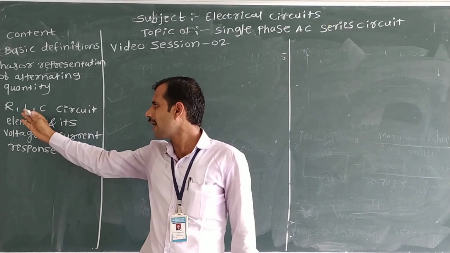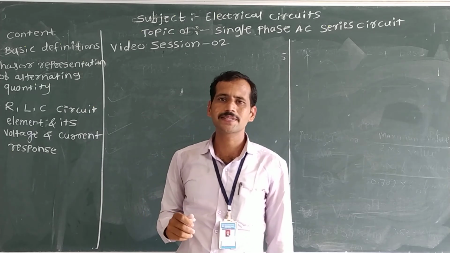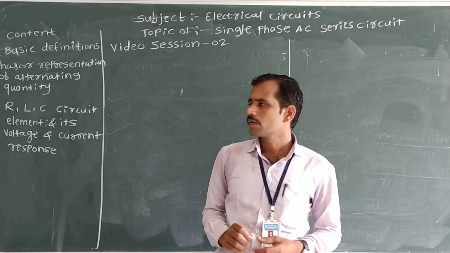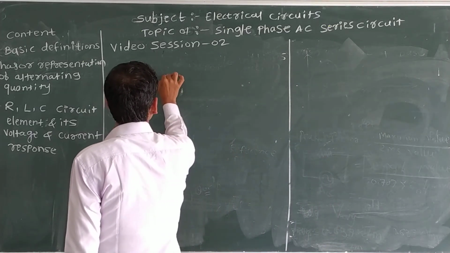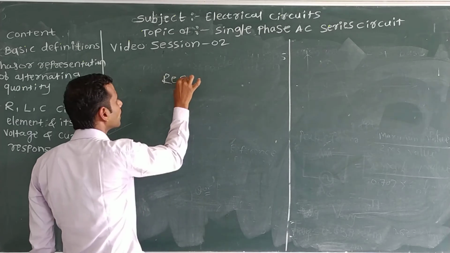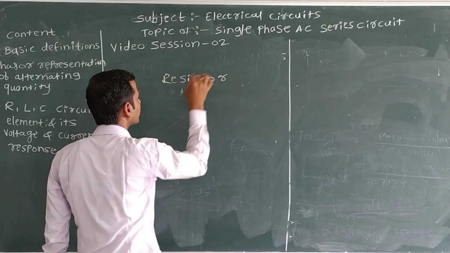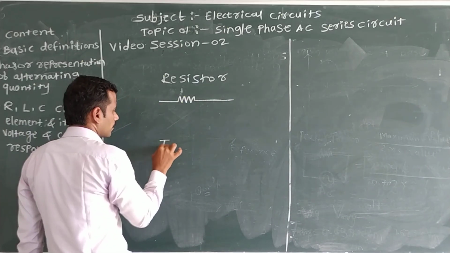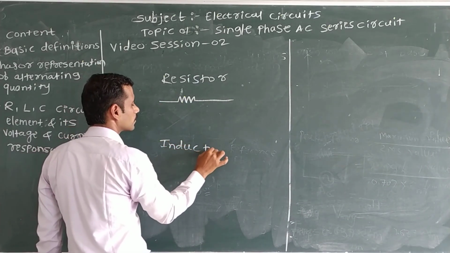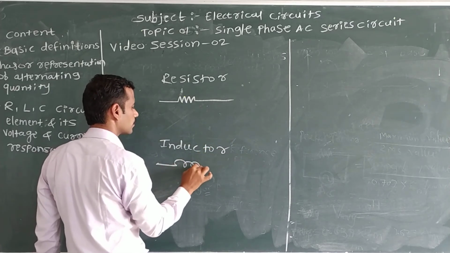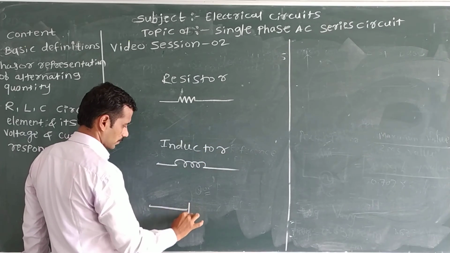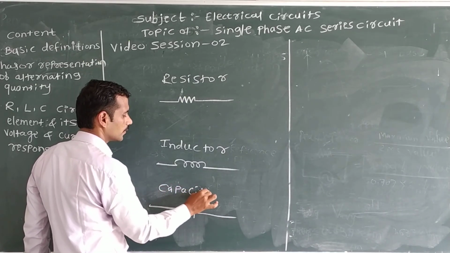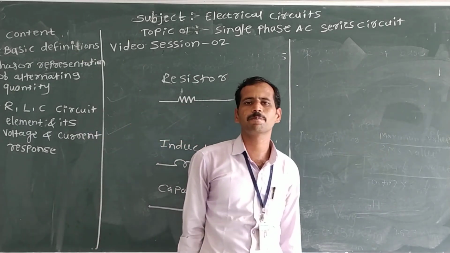First we will see the basics of RLC. First the resistor, next the inductor, and last the capacitor.